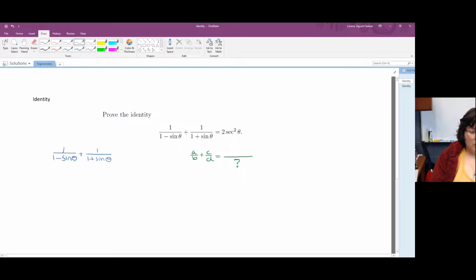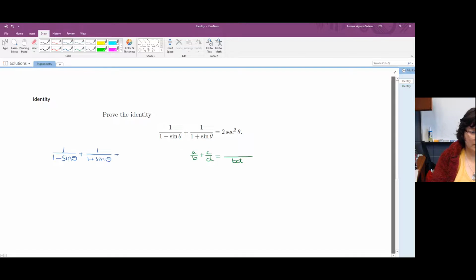But here in our example, 1 minus sine of theta and 1 plus sine of theta are very different. I mean, there's sine of theta in both expressions, but they are very different otherwise. So when there is no common denominator, or it's not clear how to find it, we can always multiply denominators. And that can be a common denominator.